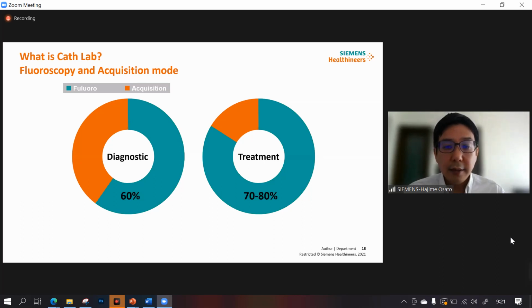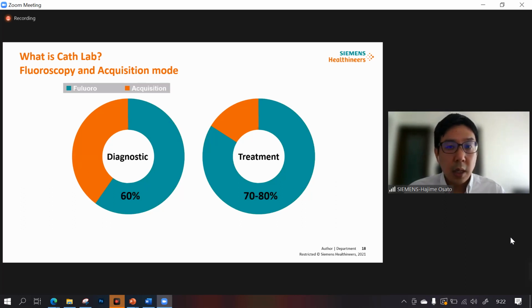On the other hand, the rate of fluoro in the treatment case is around 70 to 80%. So if you face a radiation dose issue, we should think about the trend of your procedures and think about which is effective to reduce dose.